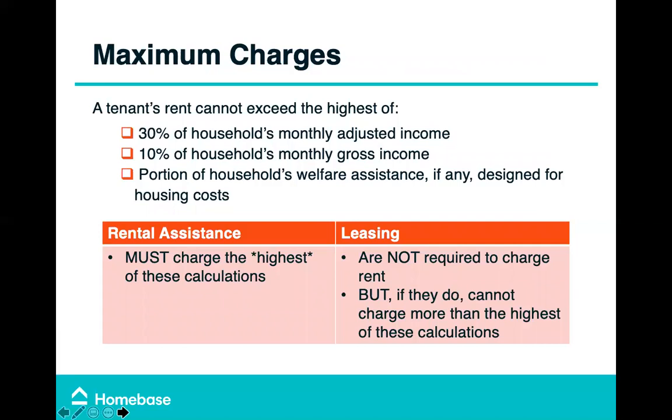For leasing programs that provide permanent supportive housing or transitional housing, again, the program doesn't have to charge rent at all, but if they do, they cannot charge more than the highest of those three calculations.